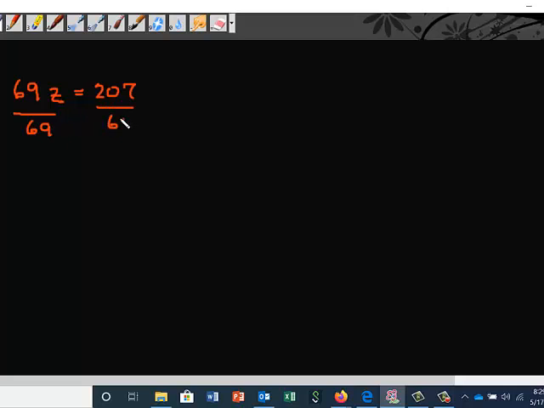As we solve for z, z is going to equal 3. So now we can perform back substitution, right? We perform back substitution.